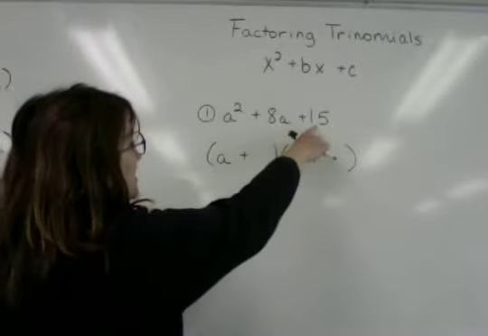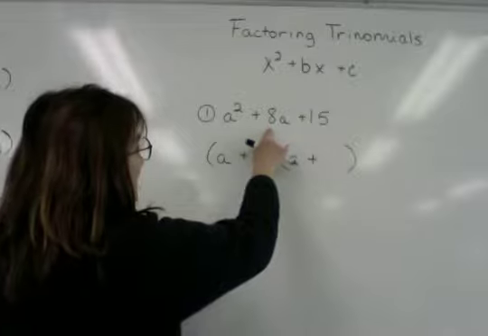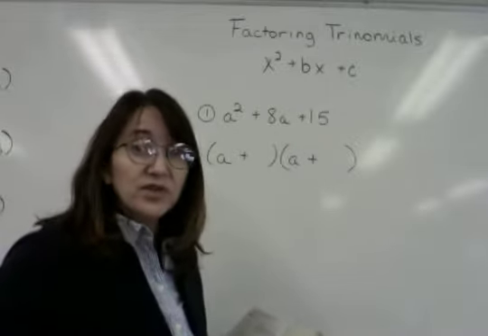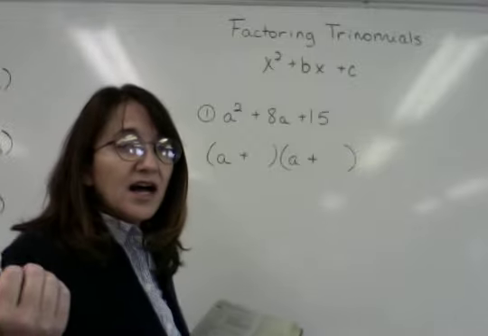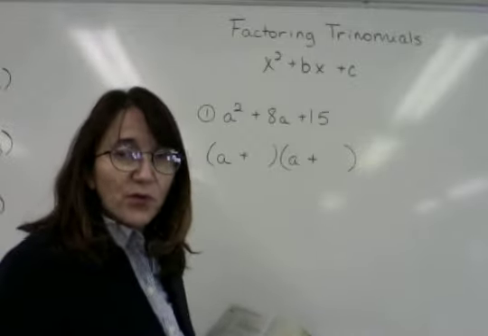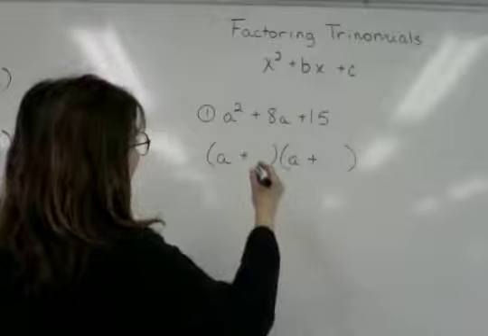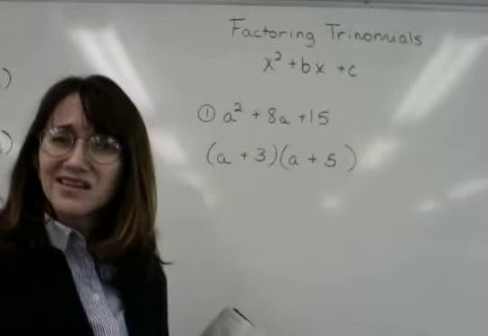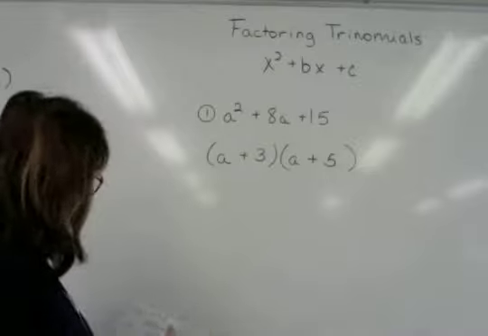Then I'm thinking of factors that would add up to be 8. That's probably just really easy because 15 only has 4 different factors, 1 and 15, and then it has 3 and 5. And guess what that adds up to be in the middle? Easy, right? Now I want you to look at 11.